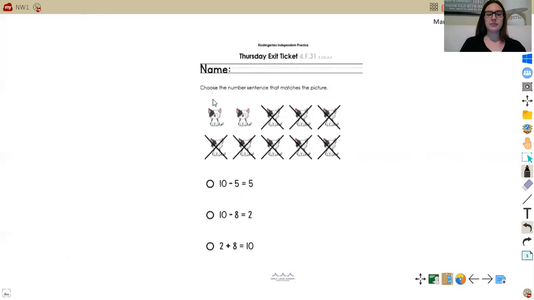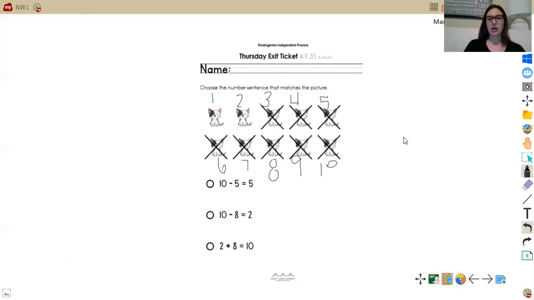So 1, 2, 3, 4, 5, 6, 7, 8, 9, 10. So I see that I have 10 cats all together before I start crossing things off.